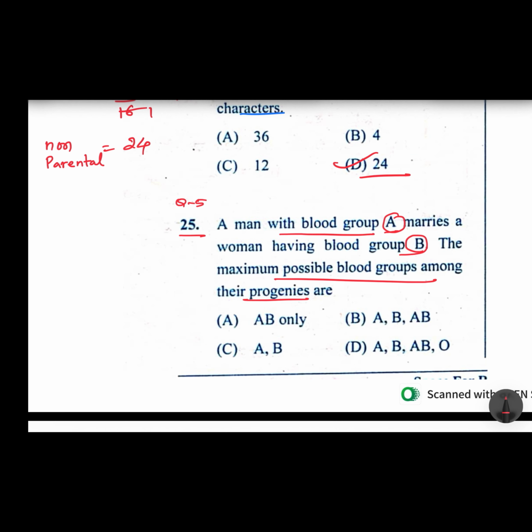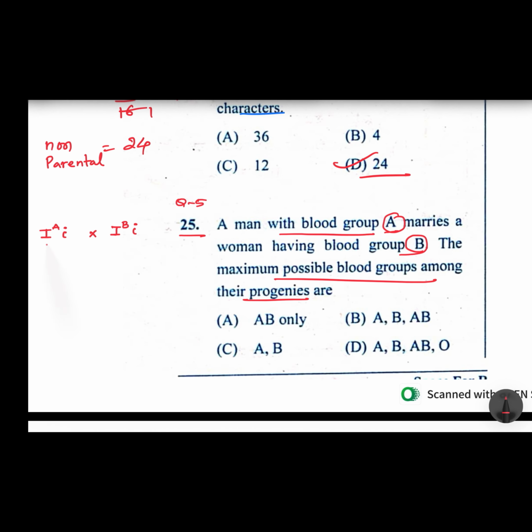If we do the homozygous A crossed with B, we will get only A and B blood group, but there are other chances. They haven't given here whether the male and female are homozygous or heterozygous.